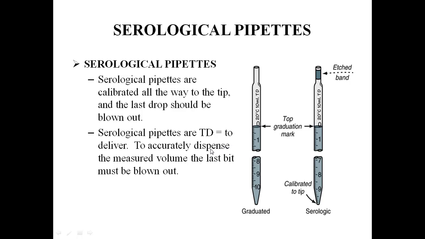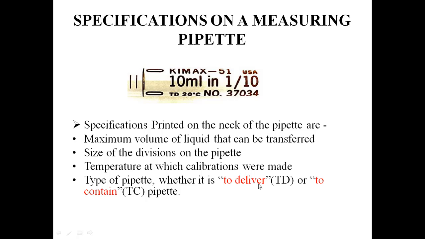Serological pipettes accurately dispense the measured volume, but the last bit must be blown out. The small difference between these two pipettes is that in serological pipettes, we have to blow out all the liquid present in the pipette after measurement. But in the case of the Mohr pipette, we do not blow out the last bit of liquid present in the tip of the pipette.